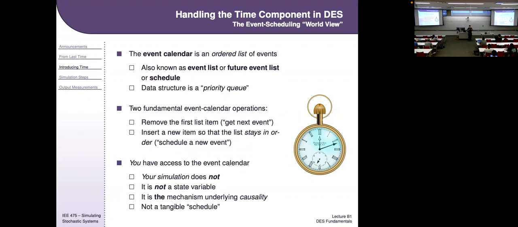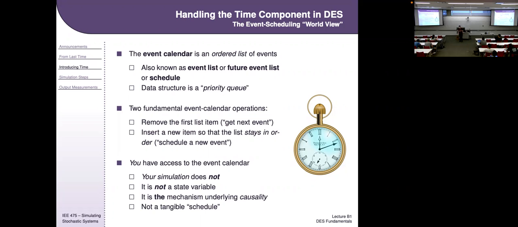We as programmers have access to the event calendar, but our simulation logic does not. At no point do you want your logic to try to look ahead and say, oh, it looks like we've got 4 arrivals coming up, so I'm going to commission additional resources for this machine. Say for a clerk in a bank, you don't want to look into the future and say, well, because I've got 4 customers coming and I only have 1 clerk now, I should add additional clerks based on what's in the event calendar.